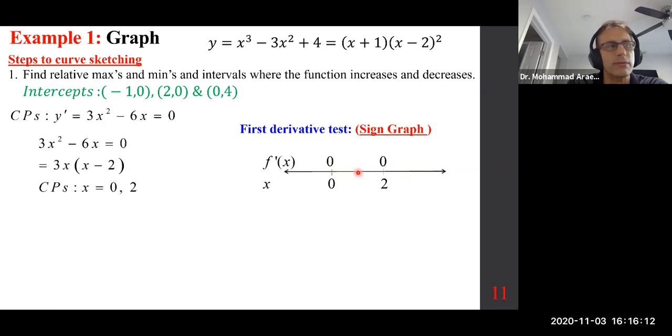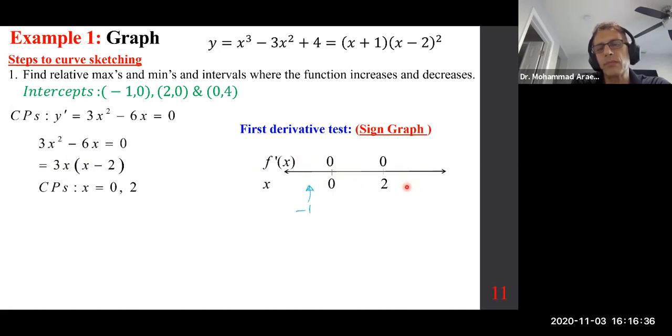But just as an example, you can pick a test point here, class. If you pick anything here, let's say for the sake of argument, -1. You can put it here, or you can put it in the factored form, whatever is easier. If you put it here, you get negative, and then this is negative, negative times negative is positive. This becomes positive.